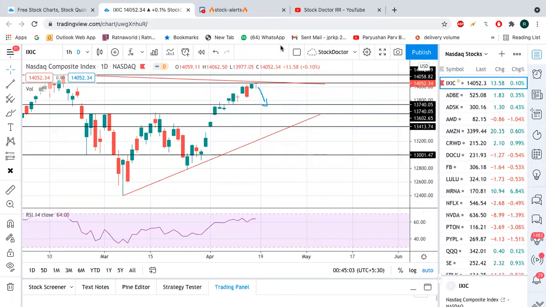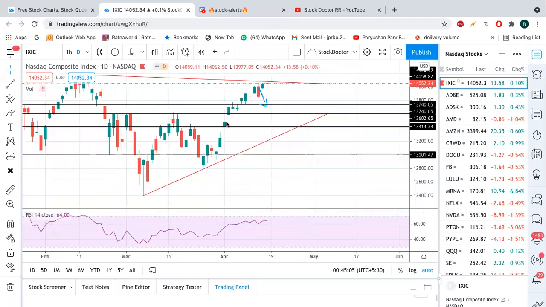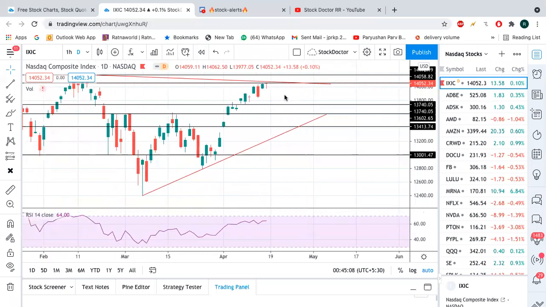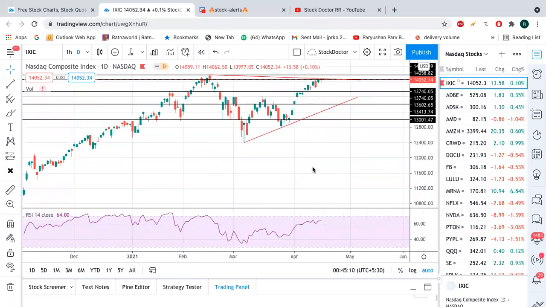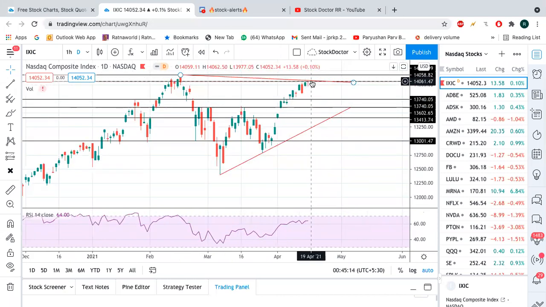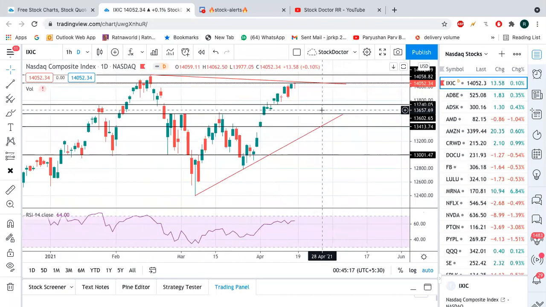or if it wants to go up, then it needs to start trading above this trend line, which is around 14,060, and it should take out the previous high, which was 14,175 on 16th February 2021, almost 2 months back.